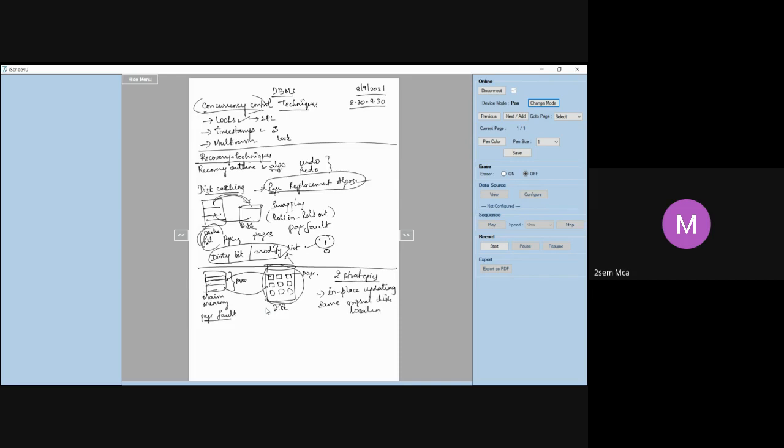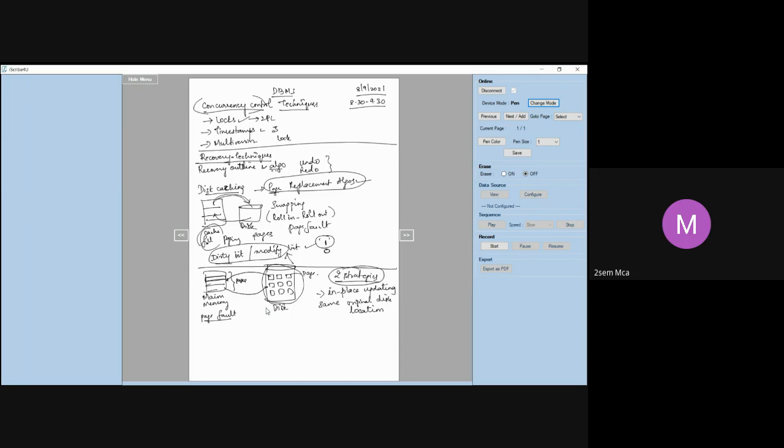What are these two strategies for? They are the different methods to write the modified buffer or page back to the disk. What are the different ways in which you can update the corresponding item in the disk?